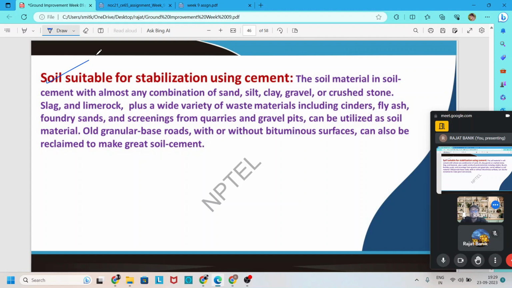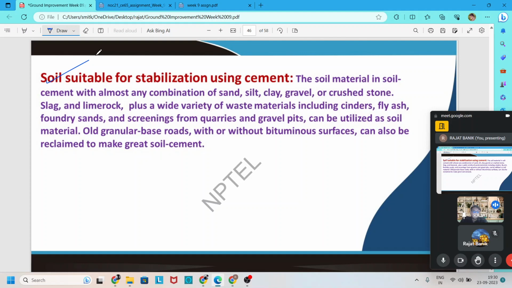It can also be used with slag, limerock, plus a wide variety of waste materials, including cinders, fly ash, foundry sand, and skimmings, and gravel pits to stabilize the ground.